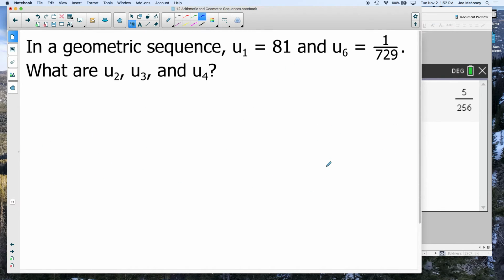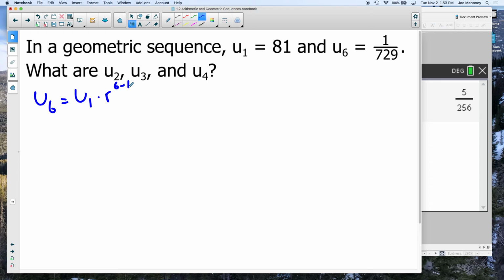Here's an interesting little situation as well. We have a sequence where the first term is 81 and the sixth term is 1 over 729. Let's see if we can find some of the other values. The one thing that I don't know is my ratio r, but I have enough to solve for it. Because I know that the sixth term is equal to the first term times r to the 6 minus 1 power, the fifth power.